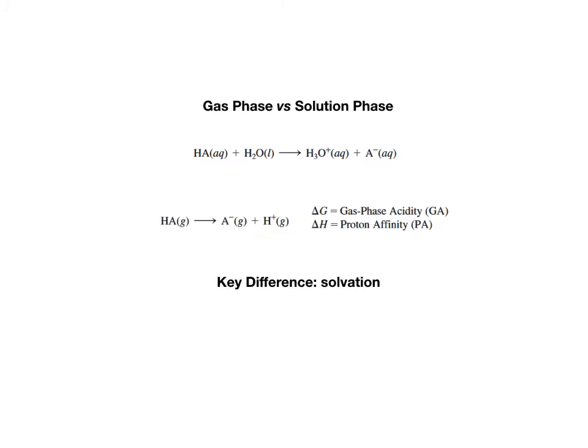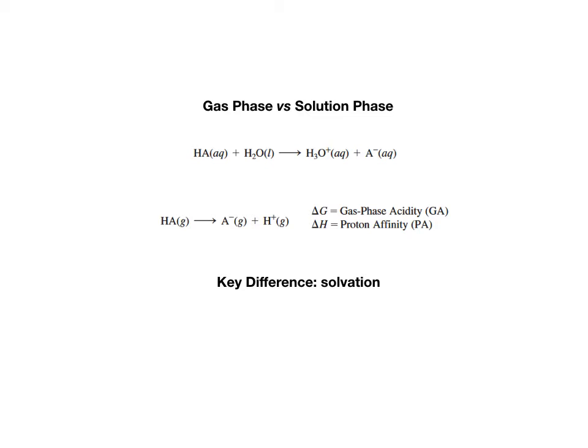All right, you can write down a similar equation for the gas phase reaction. In the aqueous, solvent-based system, there's this protonation of water, but in the gas phase, you don't have to do that. If you have a gas phase acid, you can, in theory, measure the autoionization of the acid into its conjugate base and a proton, both in gas phase.